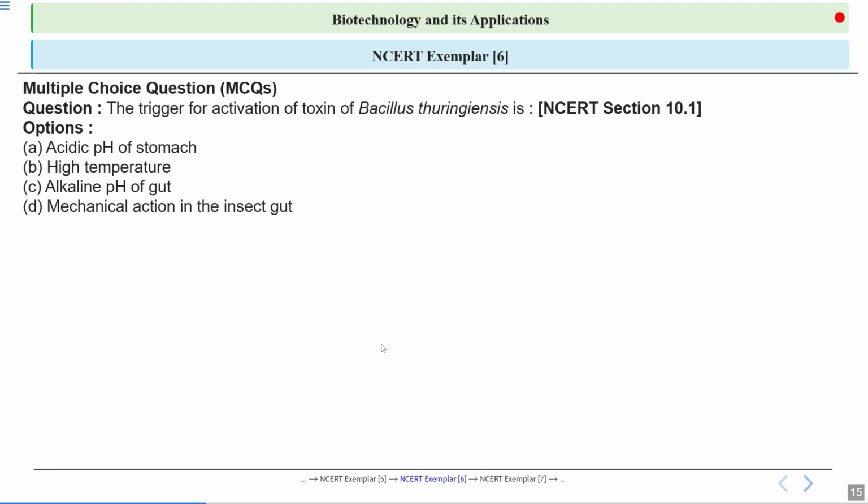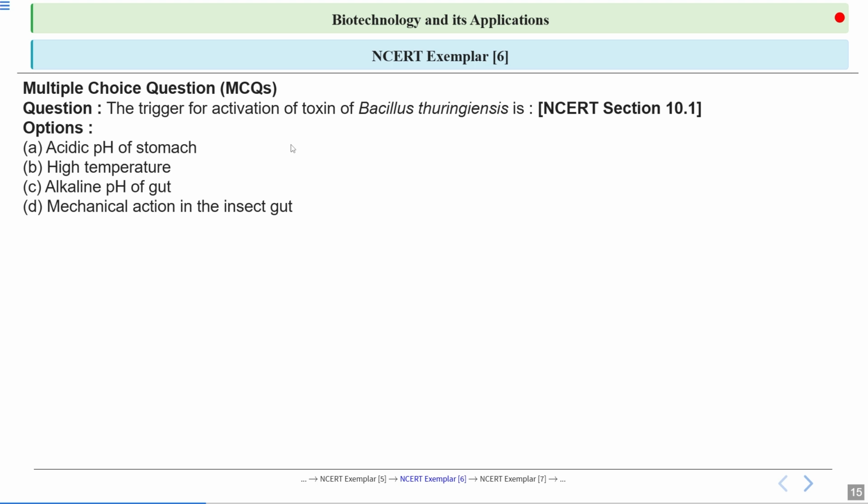Now, the next question is a continuation of that question, because the last question asked us what this protoxin is. We said that it is an inactive toxin, means it has not been activated. This is also a multiple choice question. The question says the trigger for activation of toxin of Bacillus thuringiensis is, this is from NCERT section 10.1.